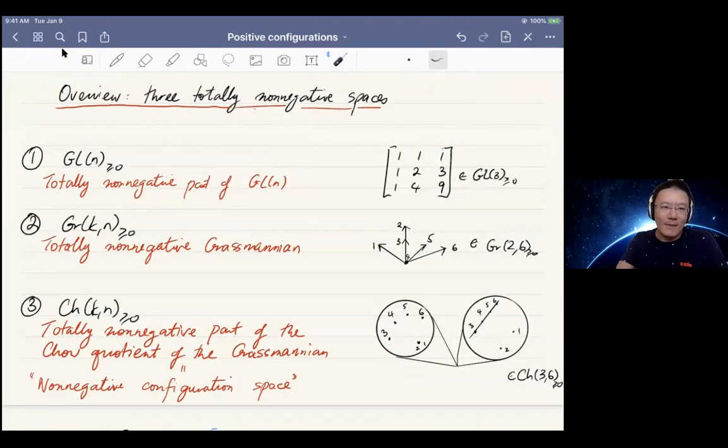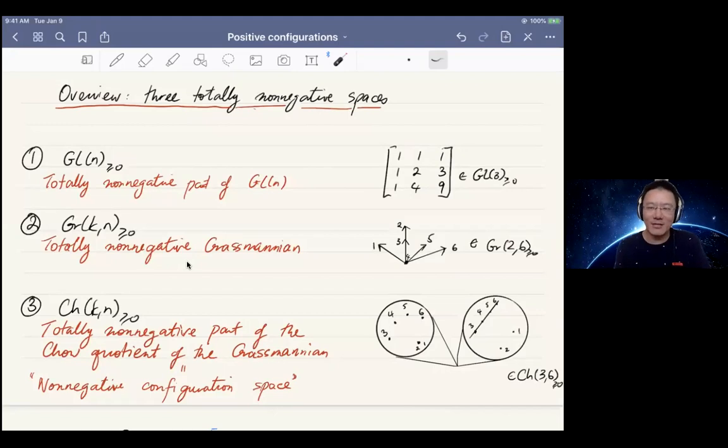Okay, so I'll start by talking about two classical, older objects, as an analogy with the space that I'm going to talk about. The first one is the total non-negative part of GLn. What's a total non-negative matrix?